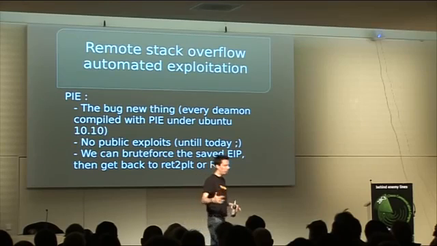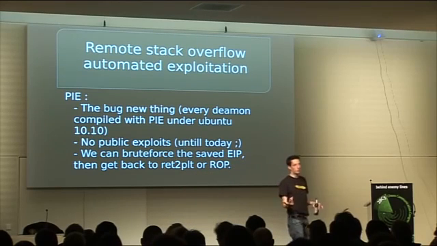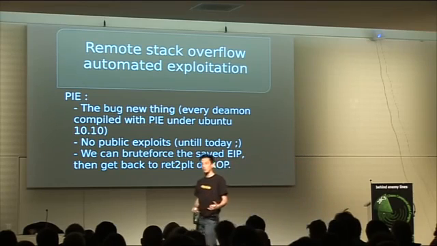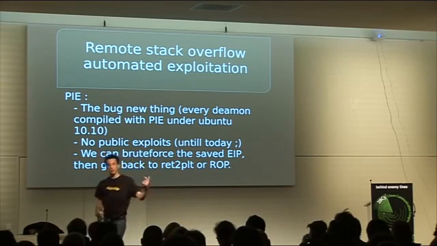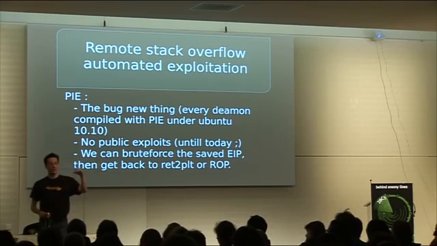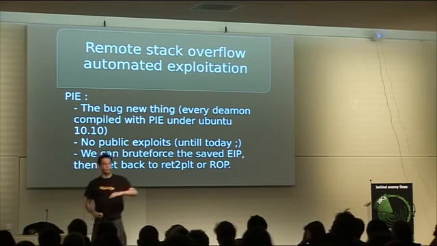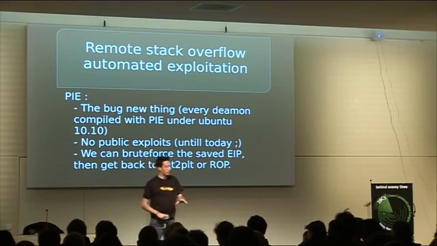The saved EBP is not that relevant, but the saved EIP is, because if I get to know the saved EIP, basically I win. Why? Because the saved EIP is going to be the return address, which can be either in one library, and if I get the mapping of that library, I can find ROP gadgets or whatever inside that library entirely.